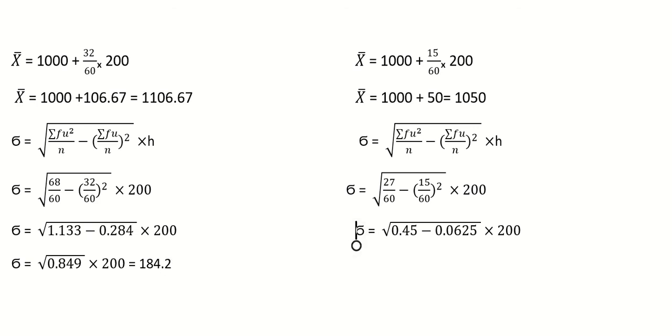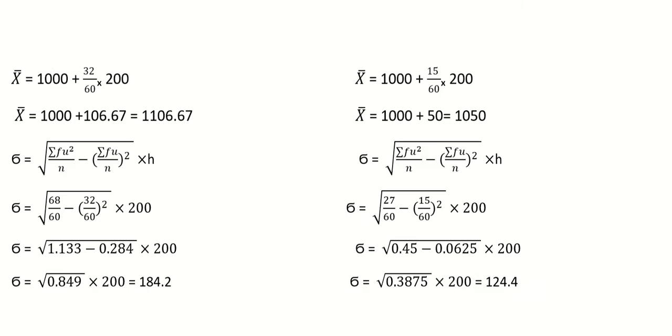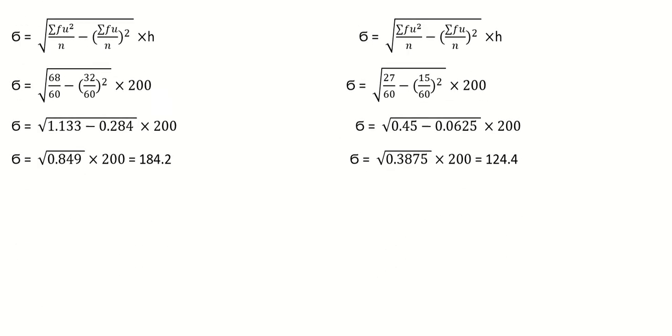And similarly, when we solve this part for company B, we get 0.3875. Taking the square root of 0.3875 and multiplying by 200, the answer we get here is 124.4. Okay. Now we will calculate coefficient of variation, because ultimately the formula which we need to apply here is coefficient of variation.